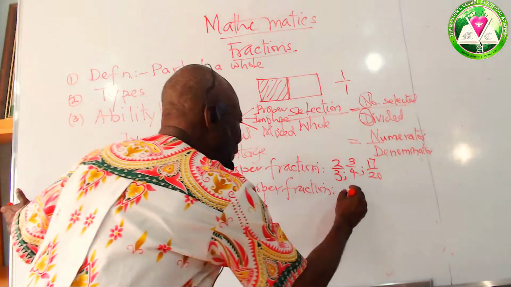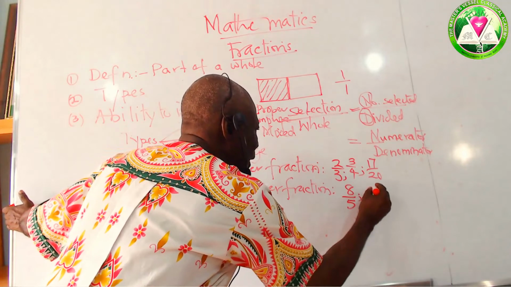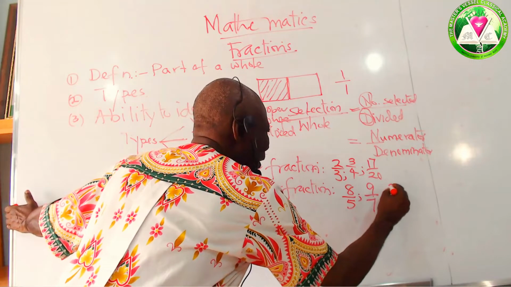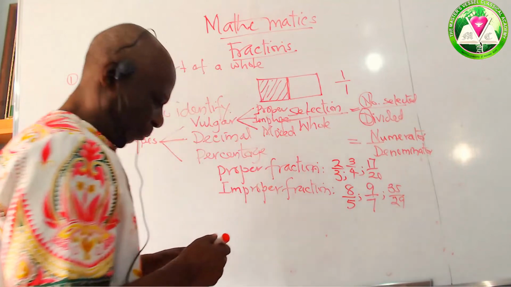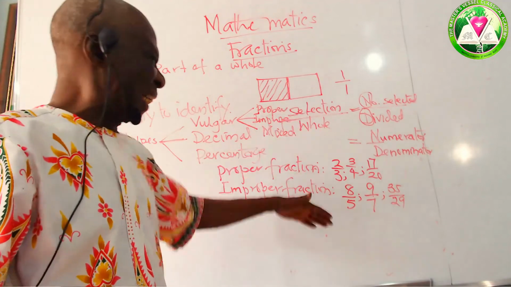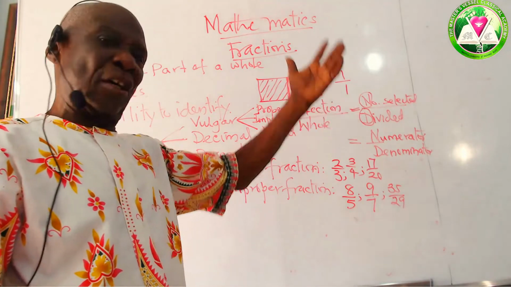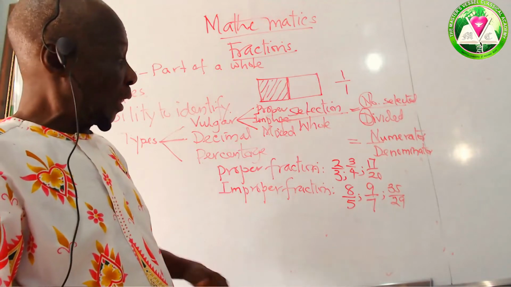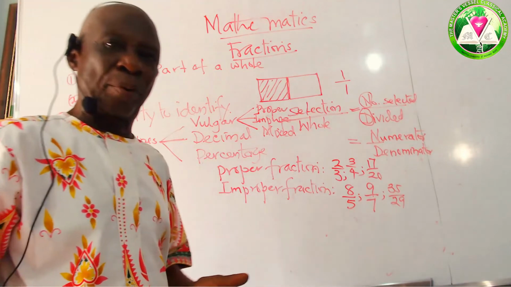Let's take an example: 8 over 5, 9 over 7, 35 over 29. The number on top in each of these is greater than the number below, or the number below is smaller than the number on top. If the denominator is smaller than the numerator, or the numerator is larger than the denominator, then the fraction is improper.